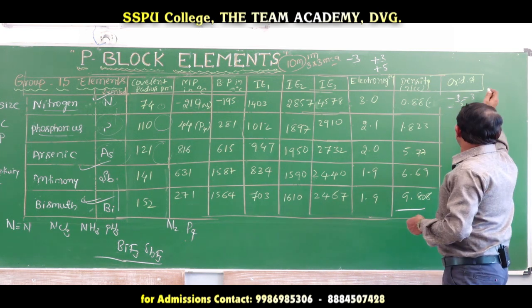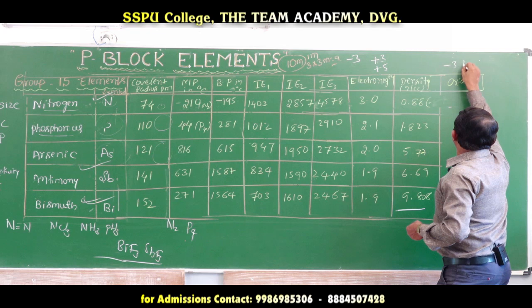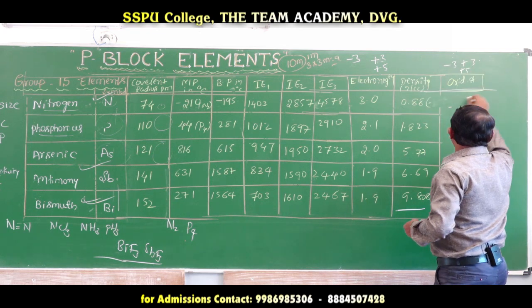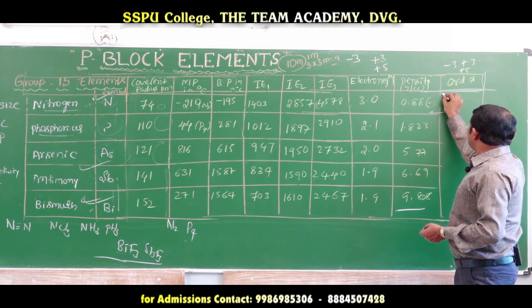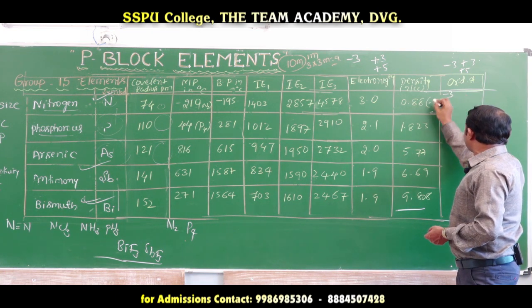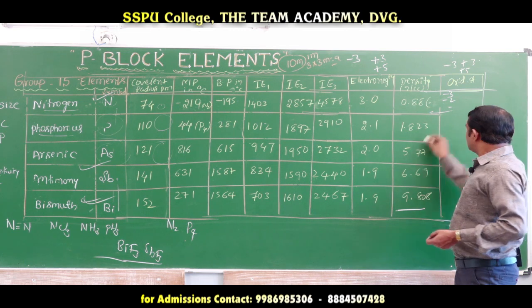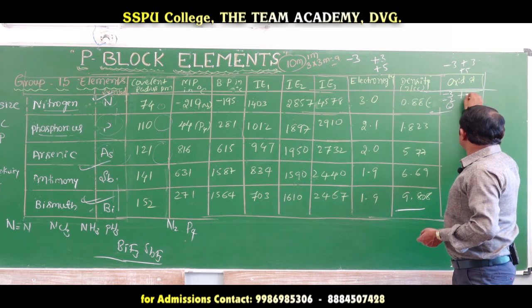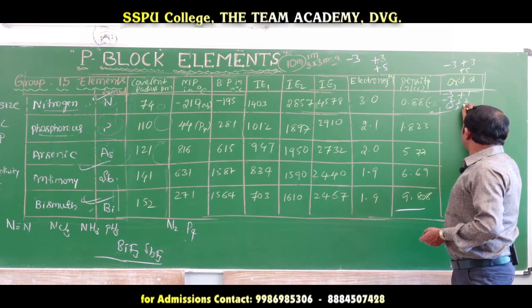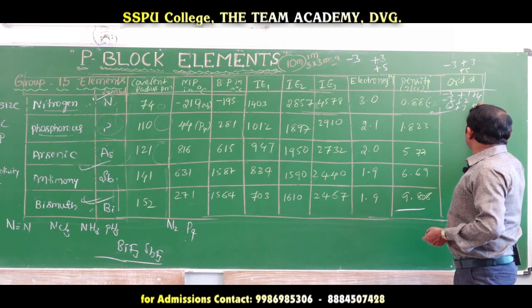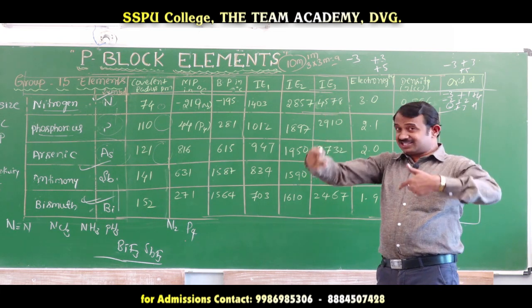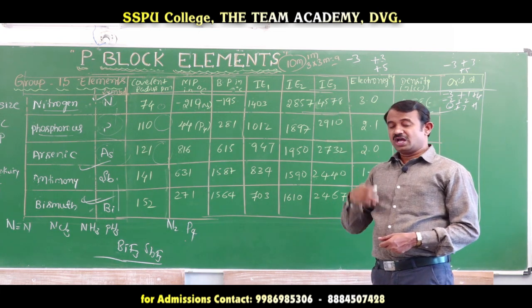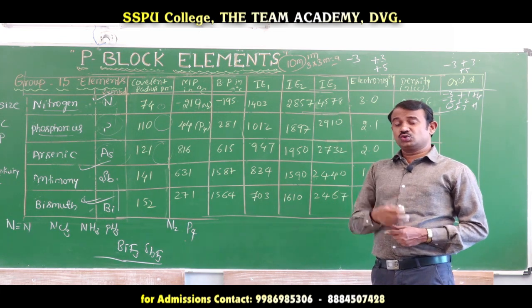But you can observe nitrogen has minus 3, minus 2, 0, plus 1, plus 2, plus 3, plus 4, plus 5. We will discuss it later. Nitrogen and its derivatives have oxidation states minus 3, minus 2, 0.